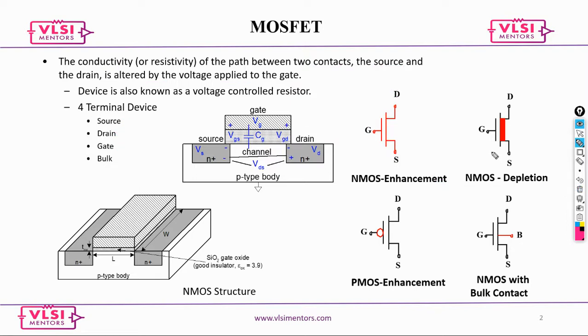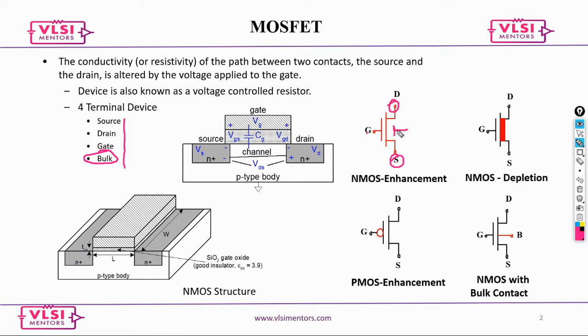Remember, as I mentioned, there are always four different pins, but we draw only three. We do not draw the bulk whenever we are drawing a schematic on a regular day-to-day basis. So you have the gate, source, and drain, and the bulk is going to be somewhere over here.